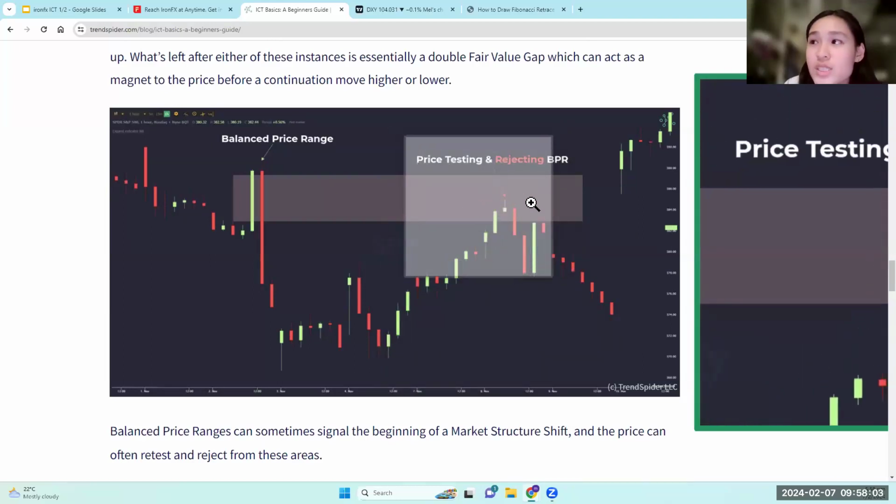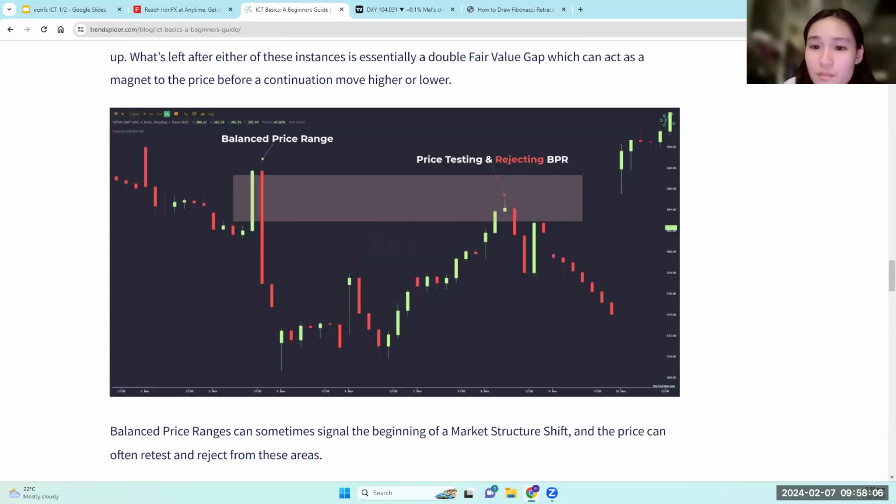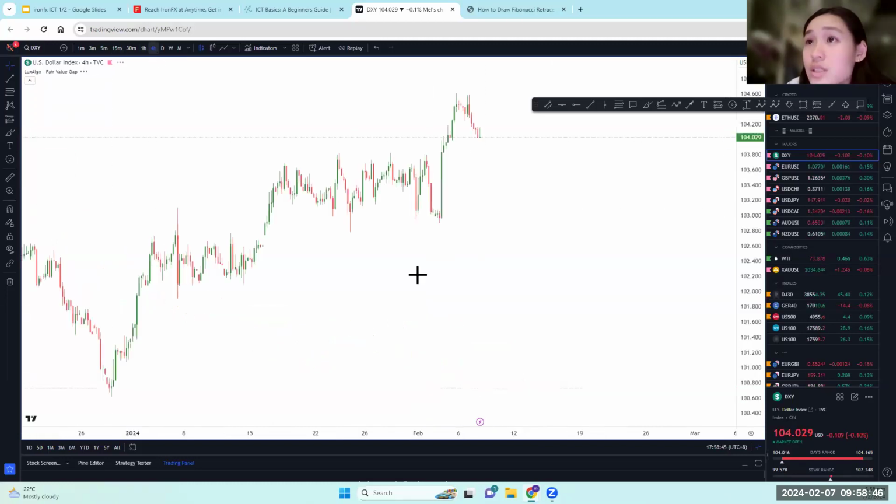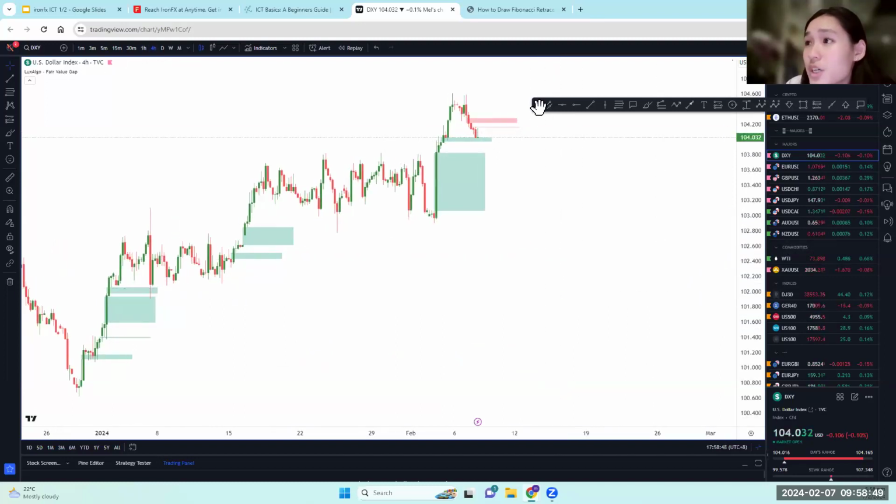It tends to be attracted to such areas and then reverses off of it. Okay, let me go back here to my chart.